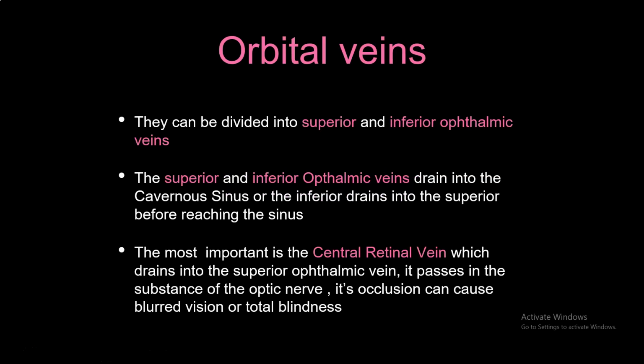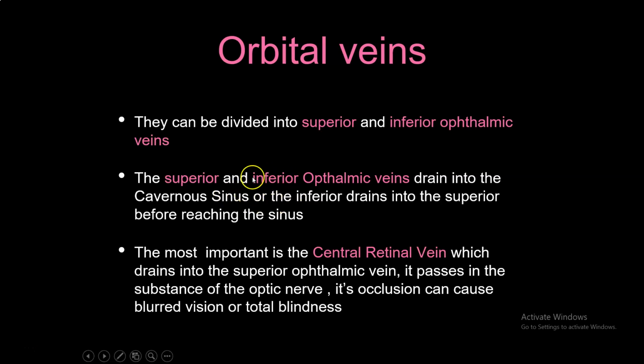Orbital veins, very important. They can transfer infection from the face, from the dangerous zone, to the cavernous sinus and result in cavernous sinus thrombosis. They are usually the superior and inferior ophthalmic veins, which drain into the cavernous sinus.